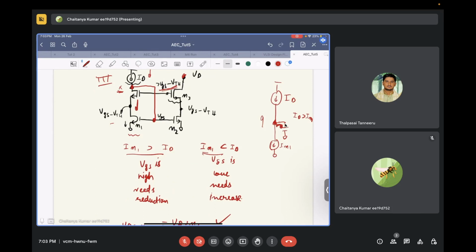One option is to use a resistor divider and put this node at some VG, making it roughly equal to VGS minus VTH, but that won't remain VGS minus VTH across variation. You need to put some voltage over here that will exactly track this VGS minus VTH and keep it fixed with respect to ID.